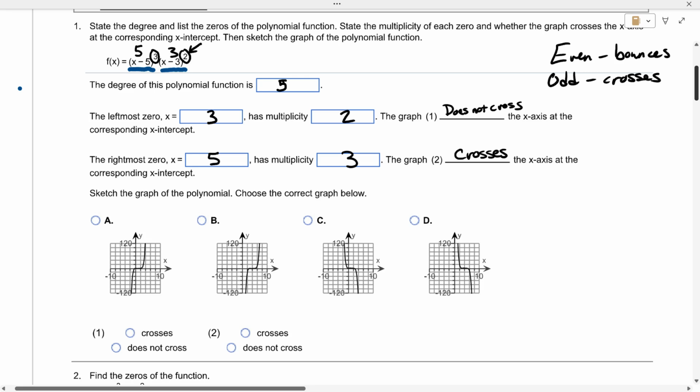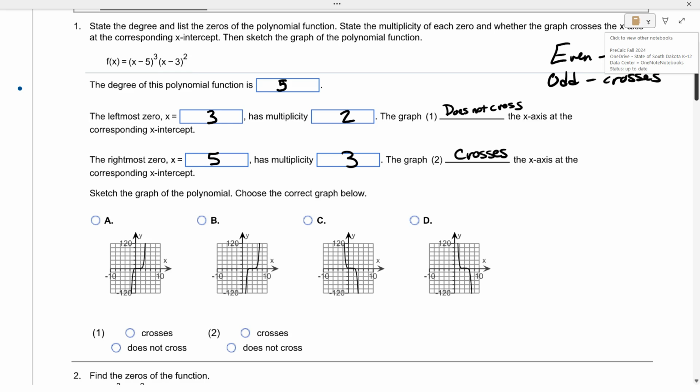So looking at the graph, do you want it to end up or end down? Is the first term coefficient positive or negative? It's going to start down, now it's odd. It's going to finish where, up or down? Up. It's going to finish up because there's no negative coefficient out front.